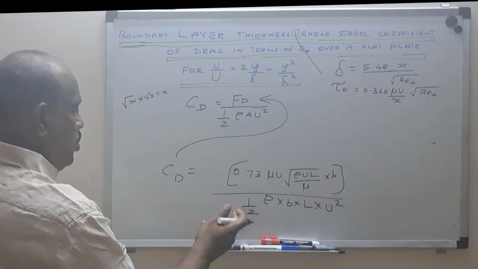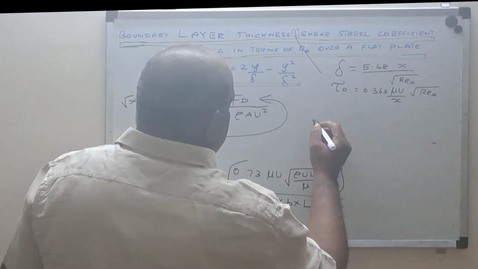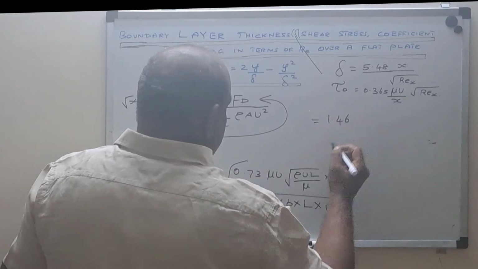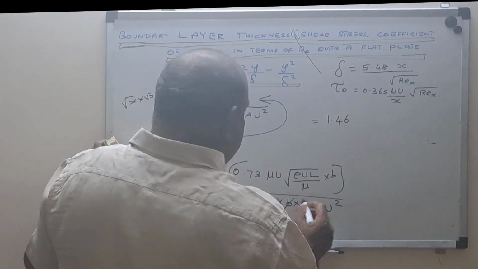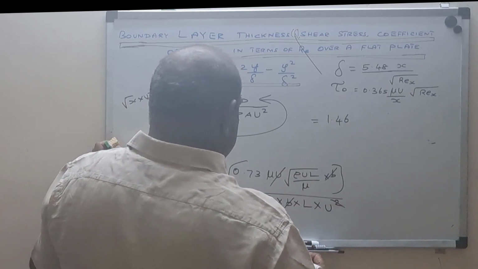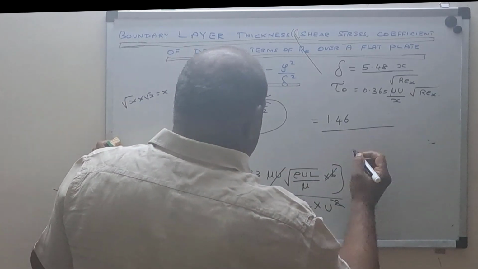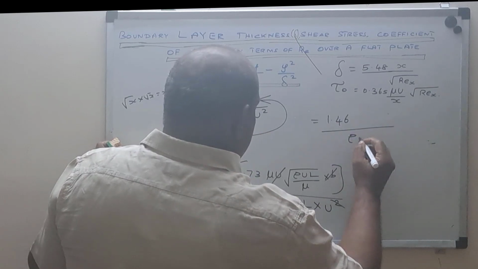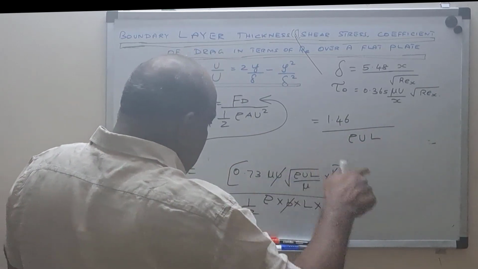So this 2 I am going to multiply with the 0.73. It will become 1.46. This b gets cancelled, so u and u get cancelled. So the denominator will become rho u L, and this mu will come to the denominator.